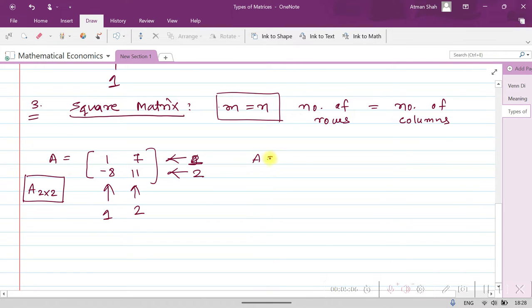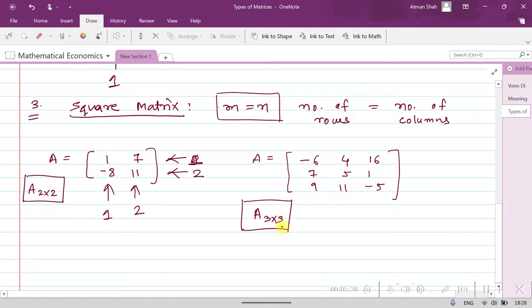Similarly, suppose we have 3 rows and 3 columns: -6, 4, 16, 7, 5, 1, 9, 11, -5. So here we have 3 rows and 3 columns, and therefore the order of this matrix is 3 cross 3. So it is square matrix.